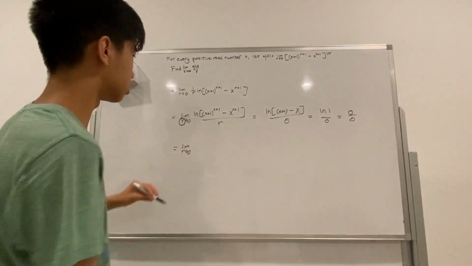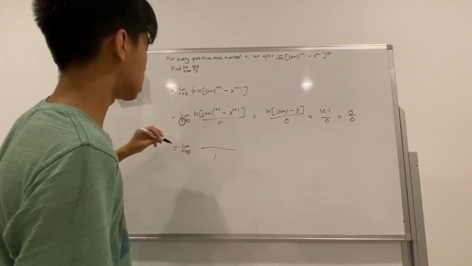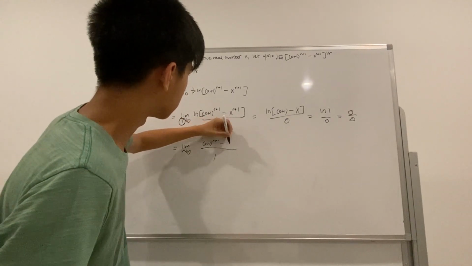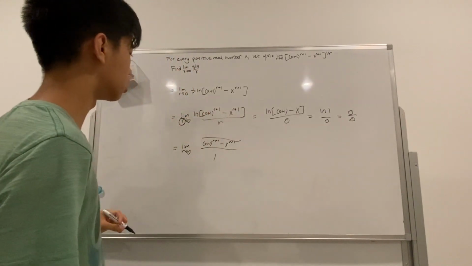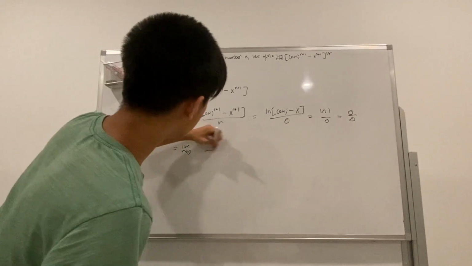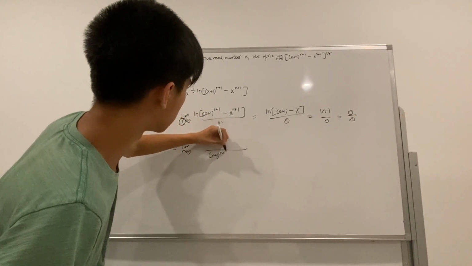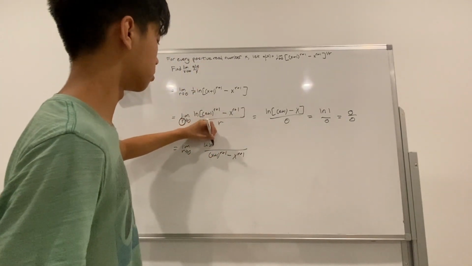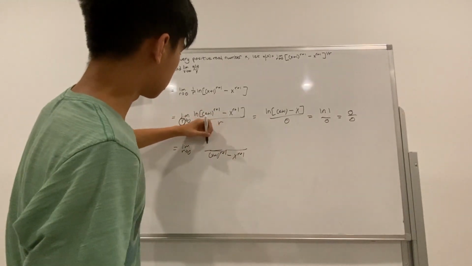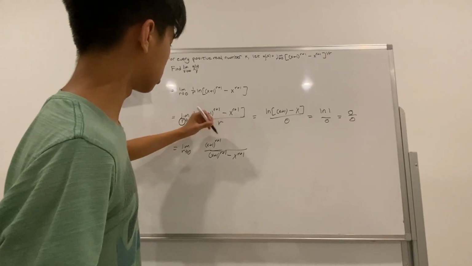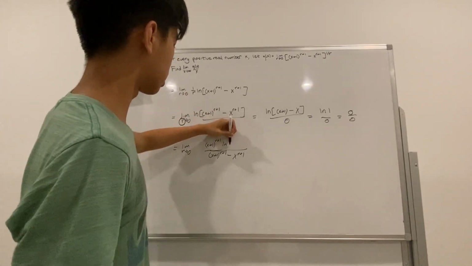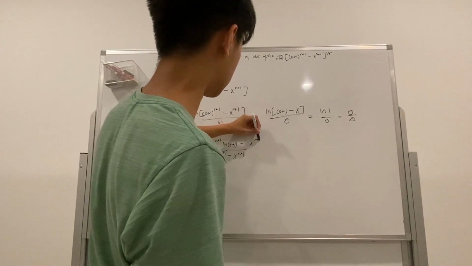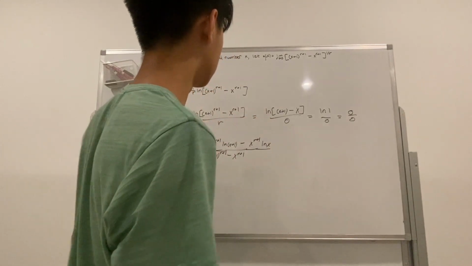You'll get 1 in the denominator, that's the easy part, and in the numerator you'll have x plus 1 to the r plus 1 power multiplied by the natural logarithm of x plus 1, minus x to the r plus 1 times the natural logarithm of x.